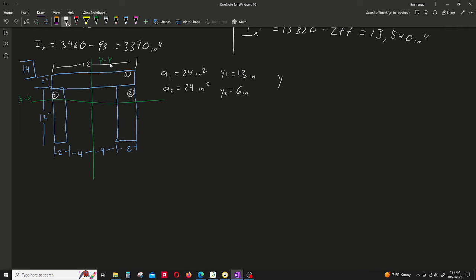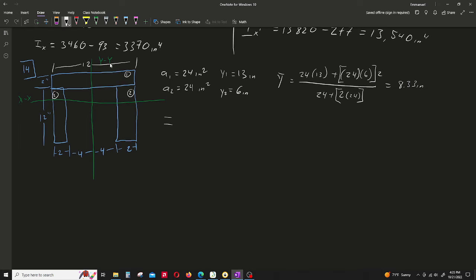And therefore y bar is 24 times 13 plus 24 times 6, and then we want to make sure we multiply all of this by 2. Divide that by 24 plus 2 times 24 to get a value of 8.33 inches.